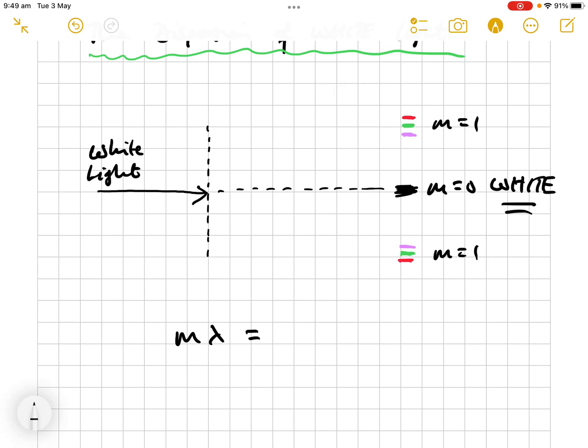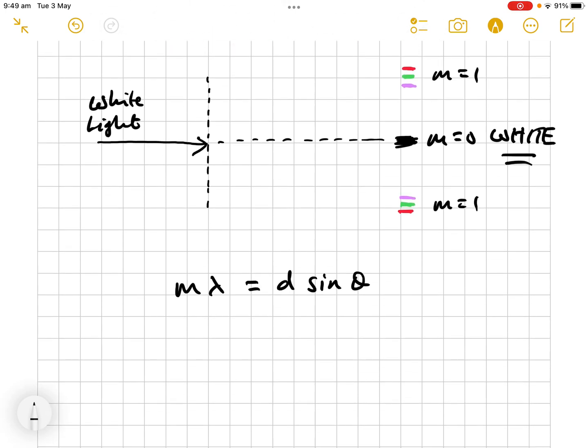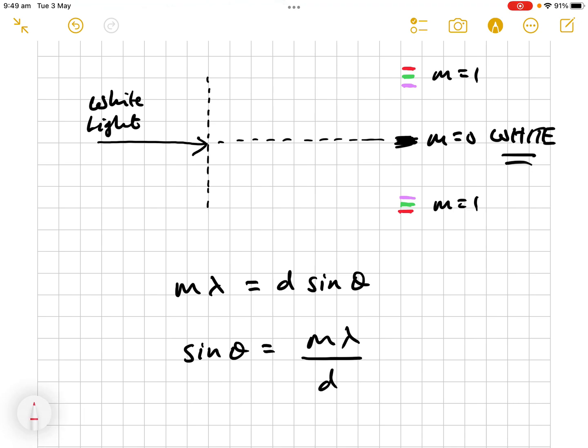m lambda is d sine theta. So if we think of our diffraction angle theta, or sine theta at least, that's going to be m lambda over d. Now if we identify all the constants here, let's say we choose first order, so m is fixed. d for any given grating will be fixed.